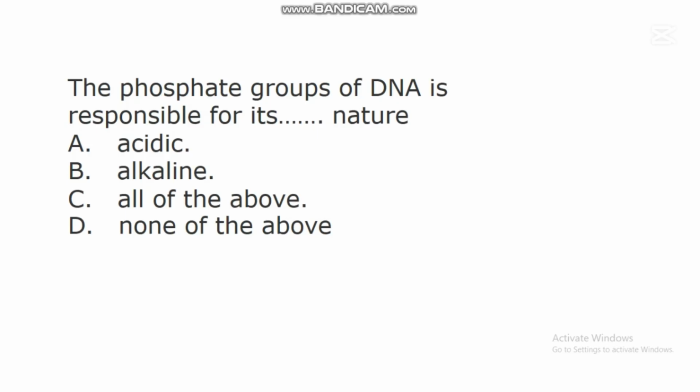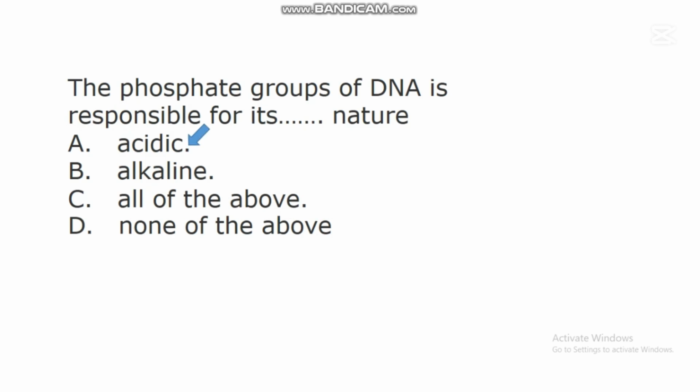The next question says, the phosphate group of DNA is responsible for its dash nature: A. Acidic nature, B. Alkaline nature, C. All of the above, D. None of the above. In this question, the correct answer is A. Acidic nature.